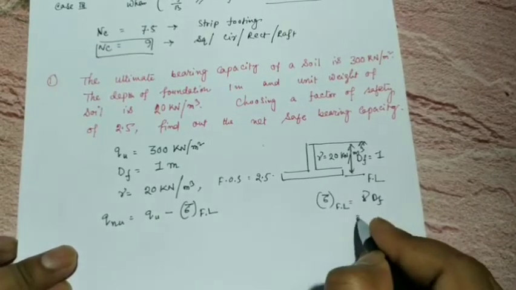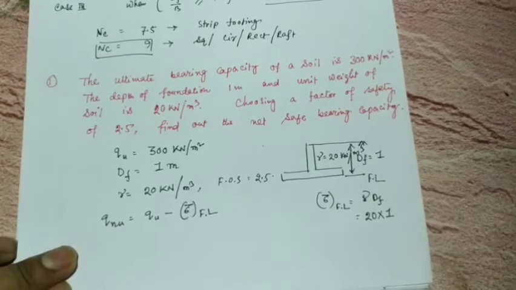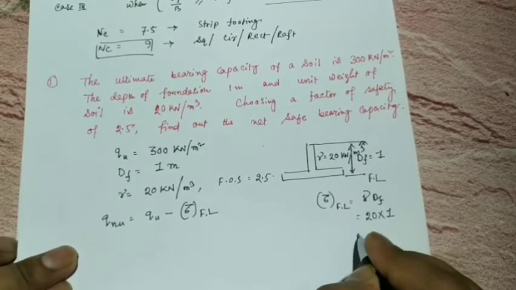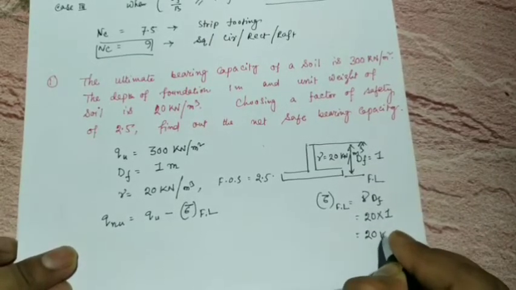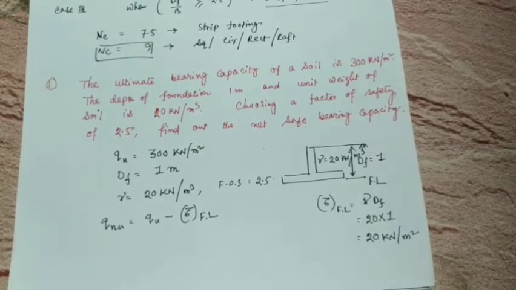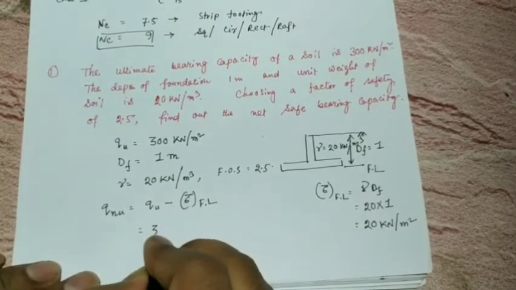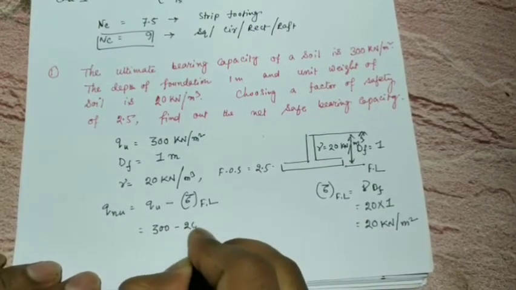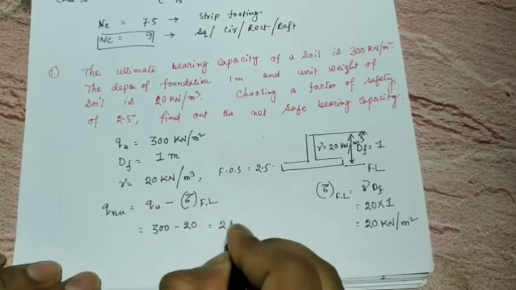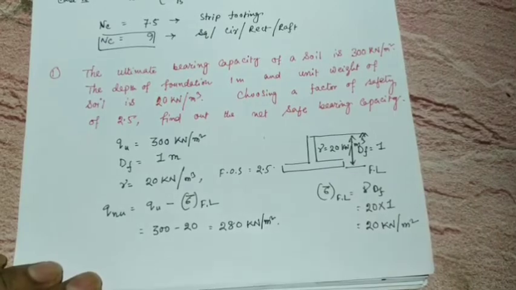So value of gamma is 20 into Df 1, so it is 20 kilonewton per meter square. So 300 minus 20 will be 280 kilonewton per meter square.